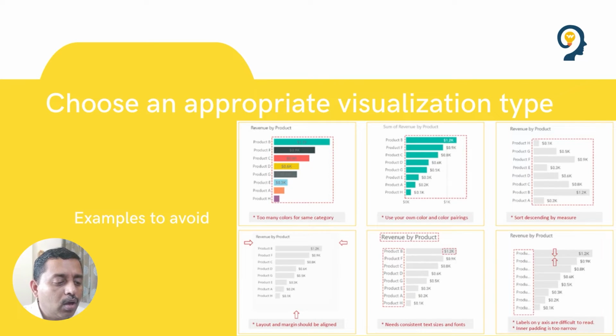Then if you talk about this fourth one, what it says is that there should be equal margin set up in a particular chart. Then comes the size of the fonts. You can see that sometimes the size is bigger, sometimes smaller. If you notice this particular label, the size has been made bigger. Ideally it should have uniformity in the sizes.